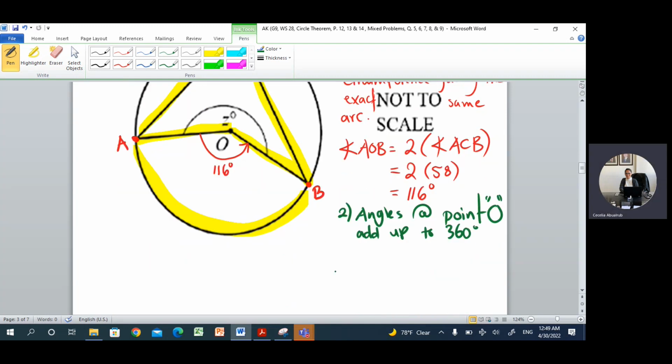Accordingly, angle Z is equal to 360 minus 116, and Z will come down to 244 degrees. So this angle here is 244 degrees.